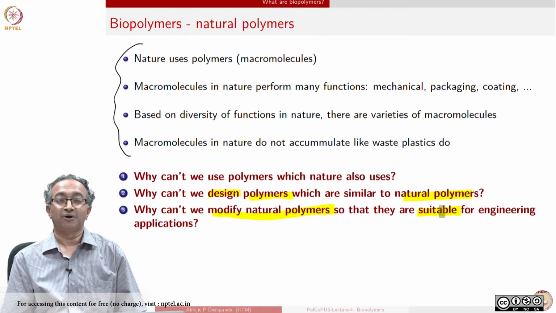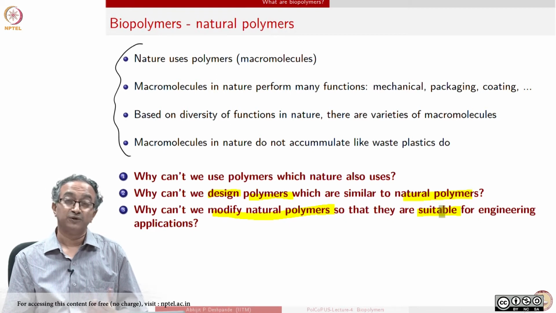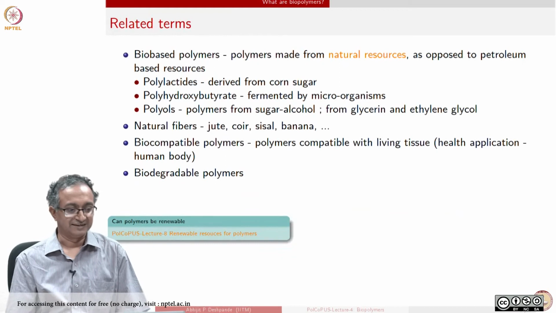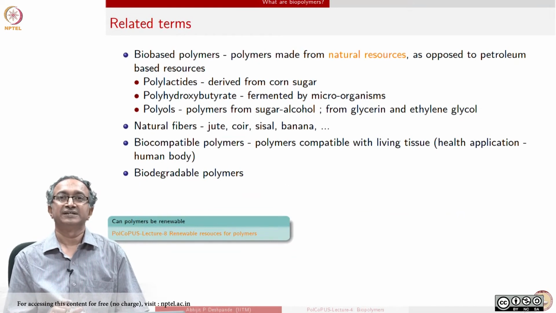In this case, the raw materials that are required for polymers may also be part of the natural cycles, and since they are based on the physics and chemistry of natural systems, they are likely to become part of the biogeochemical cycles. So, just to pause and look at related terms to these biopolymers.